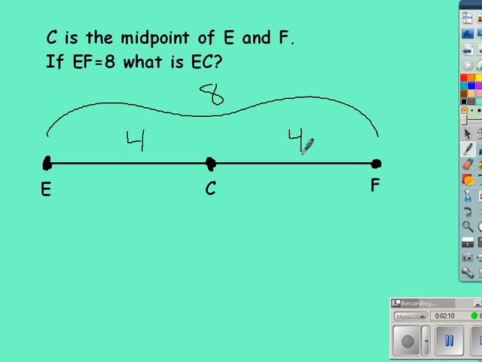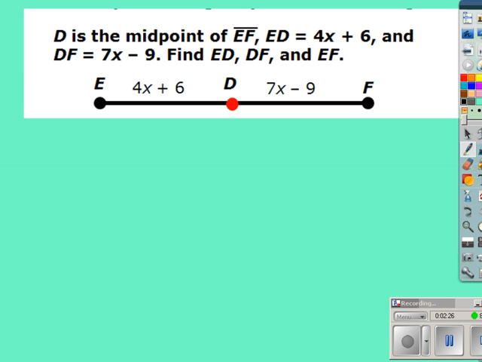They would have to be equal, and they would still have to add up to 8. So that's the whole idea of this midpoint thing. We're going to make it a little more complicated in a second, but I wanted you to see the basic idea, that it goes right in the middle, and they're equal.